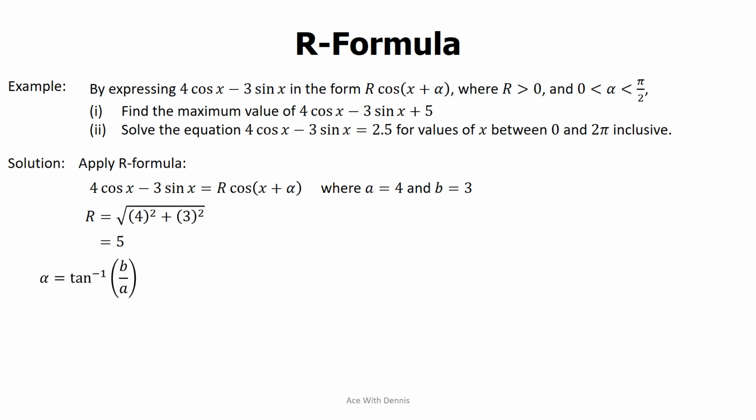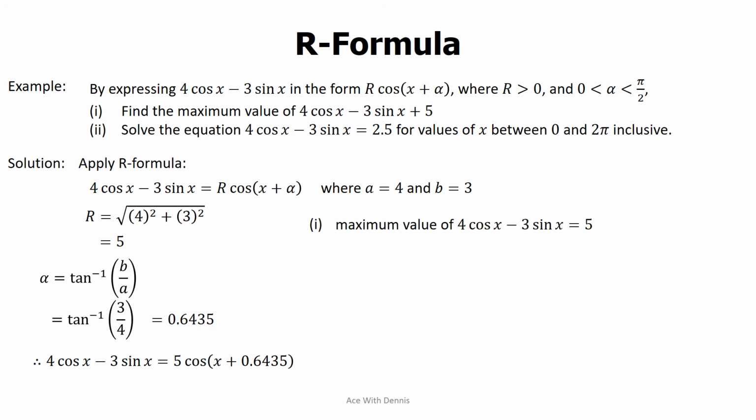Next, we find the value of alpha, which is inverse of tangent b over a, or inverse of tangent 3 over 4, and we get the value 0.6435 in radian. Hence, we can rewrite the equation as 4 cosine x minus 3 sine x equals 5 cosine bracket x plus 0.6435.